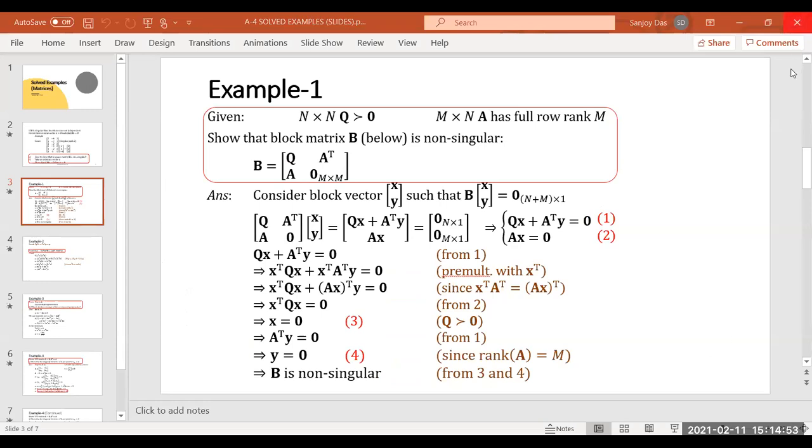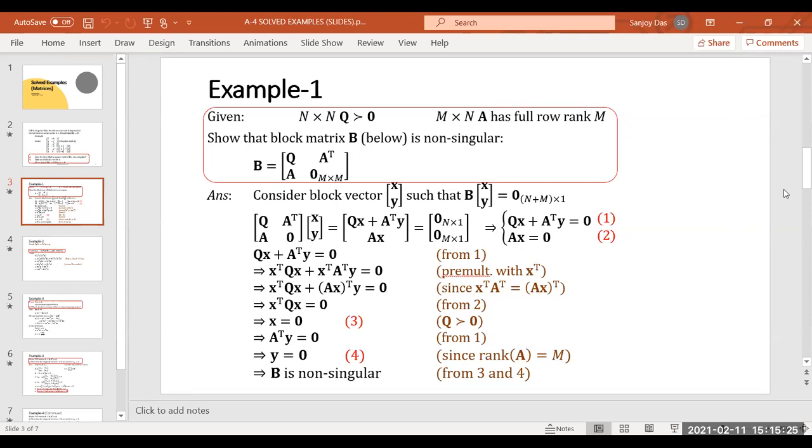Go ahead once again, Daniel. In equation 2, we have Ax equals 0. So was it possible to assume from this equation that x is equal to 0 without doing that process, because A is a full row rank?